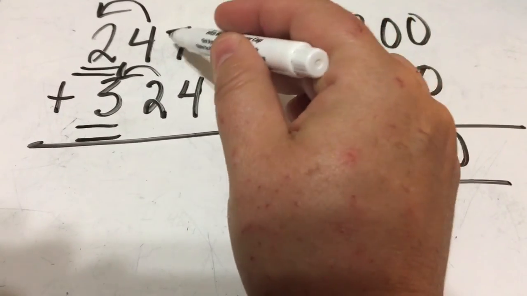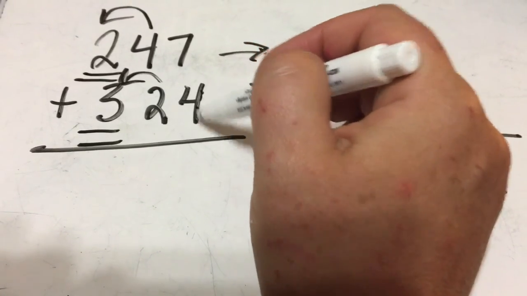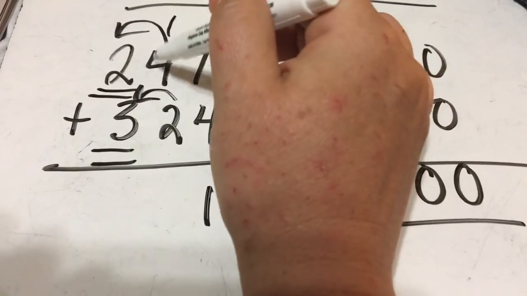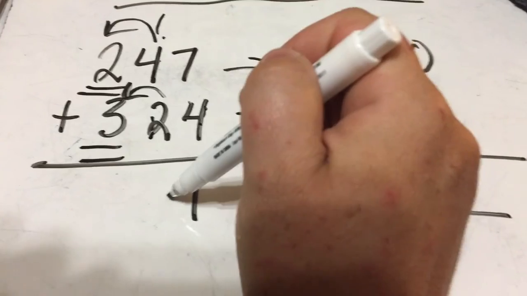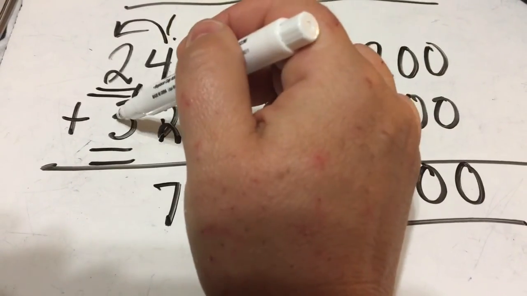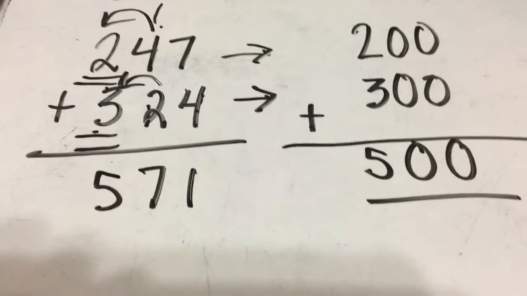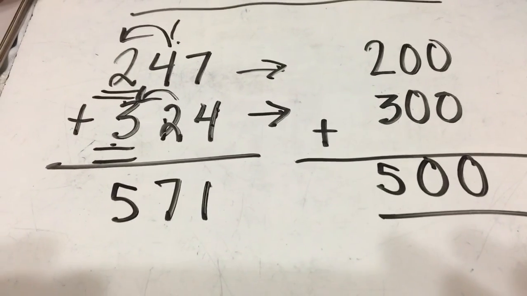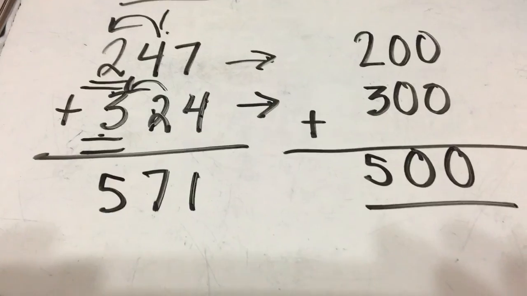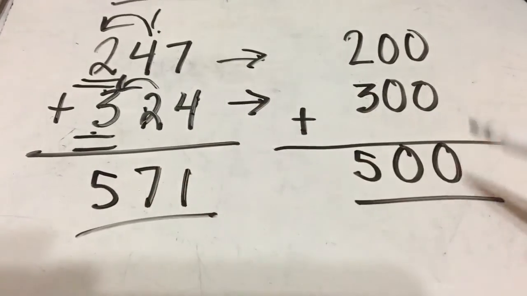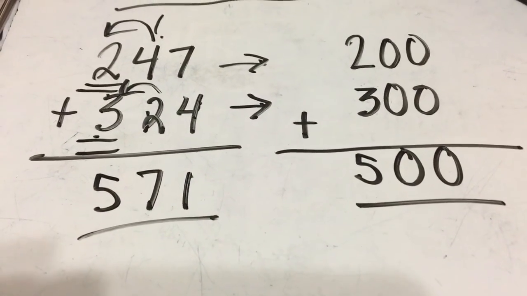So 7, 8, 9, 10, 11, carry the 1, 4, 5, 6, 7, 2, 3, 4, 5, 571 and 500. So those are our numbers. So we're fairly close. 571 is fairly close to 500.